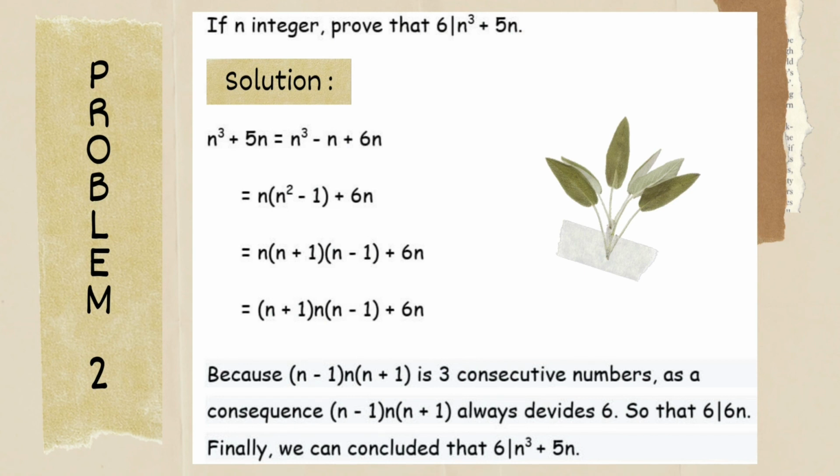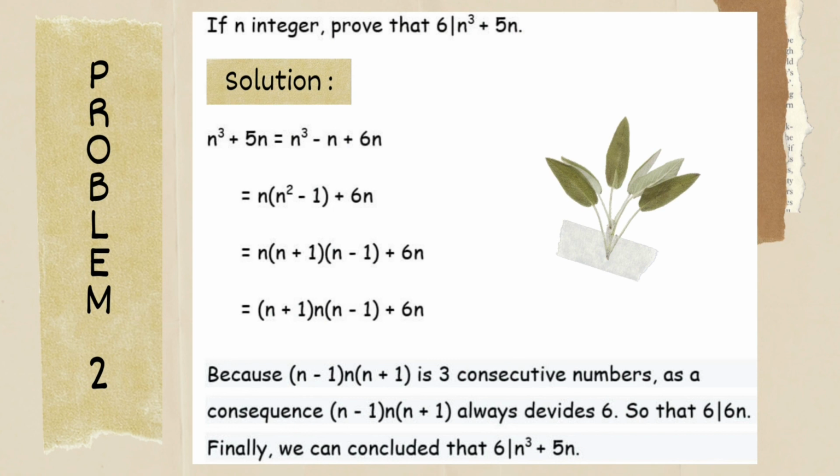The solution: n cubed plus 5n equals n cubed minus n plus 6n, equals n times n squared minus 1 plus 6n, equals n times n plus 1 times n minus 1 plus 6n, equals n plus 1 times n minus 1 plus 6n.